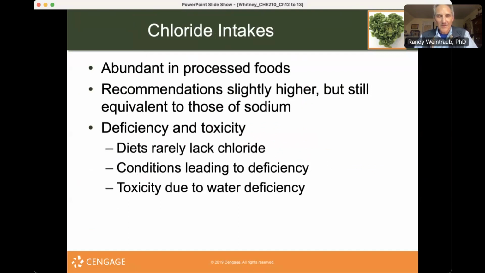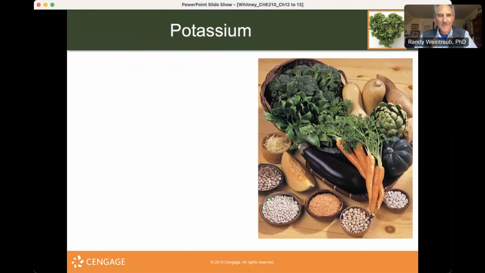It's also abundant in processed foods, although the recommendation to keep it low is not as strong as for sodium. Deficiencies and toxicities, it's rarely lacking.